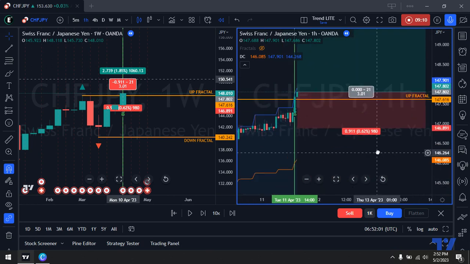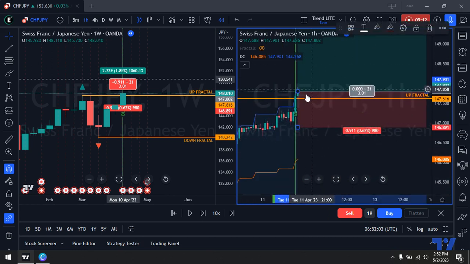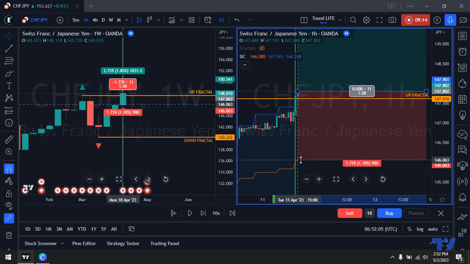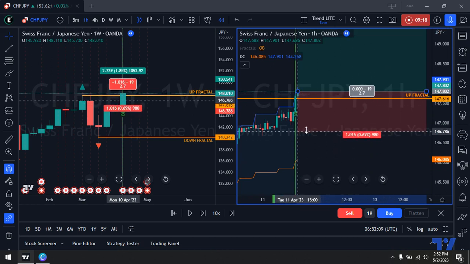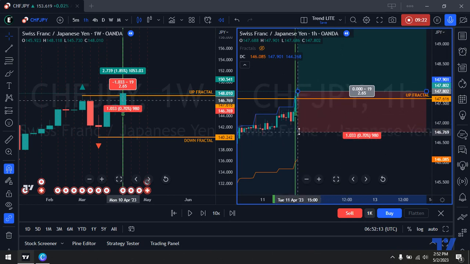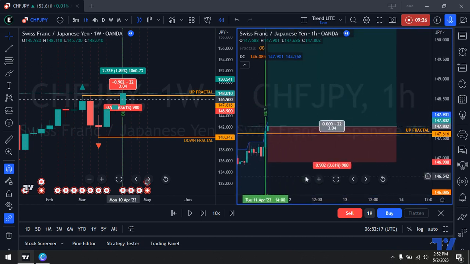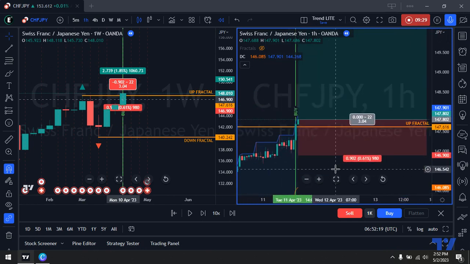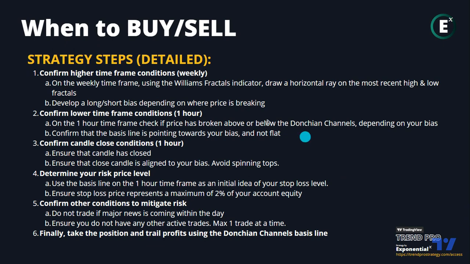Now, if we follow the ideal recommendation, this kind of trade will just be 1.5R, right? So we can maximize our trades by tightening our stop loss, as they say, right? So that would be my preference. And we make sure that this red line, this price level, is just 2% of our account equity.